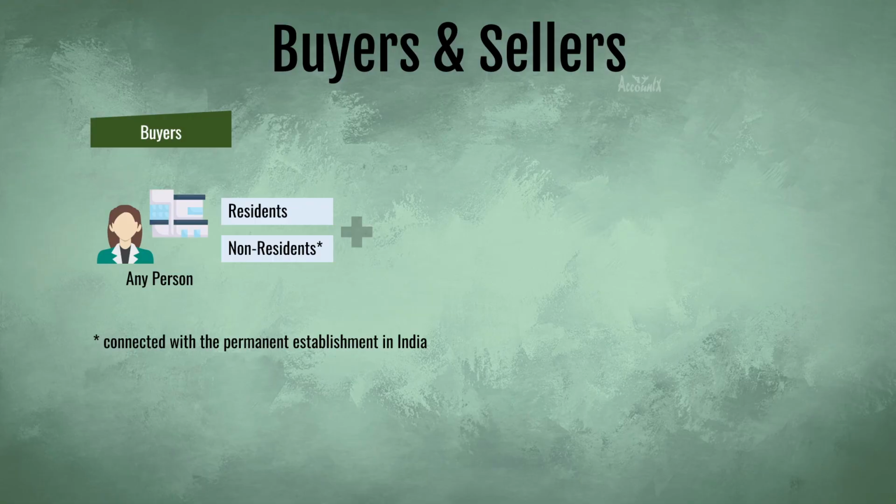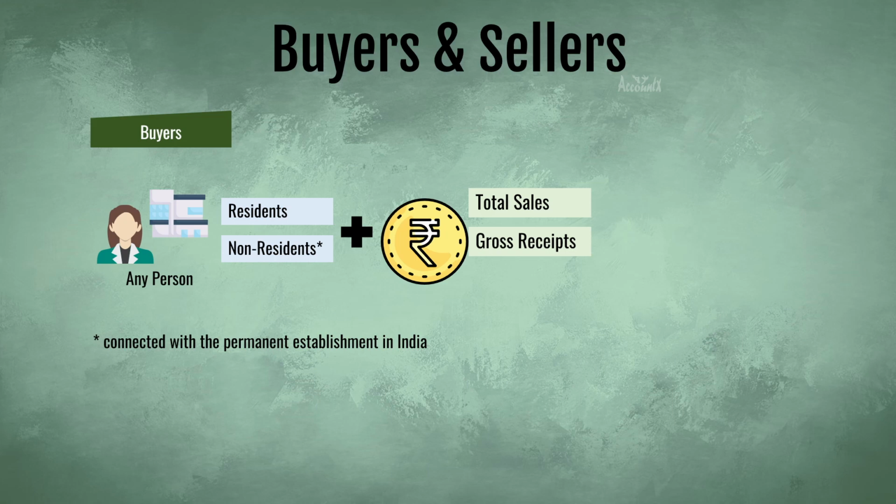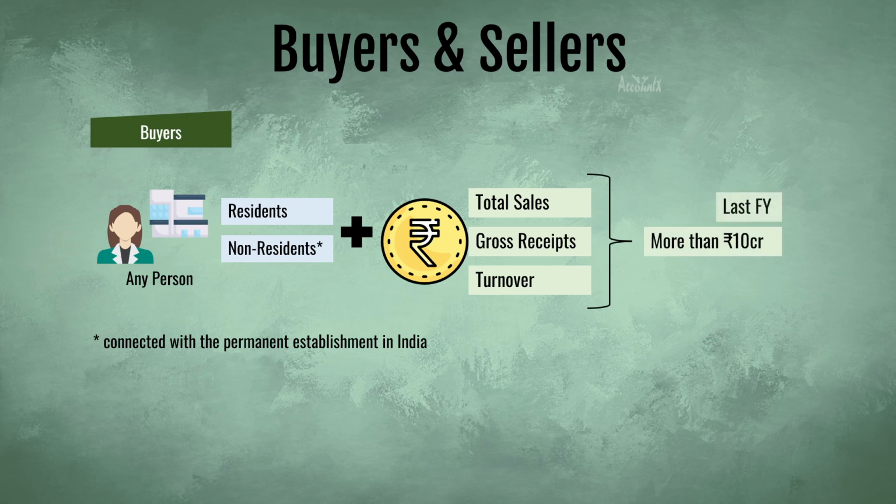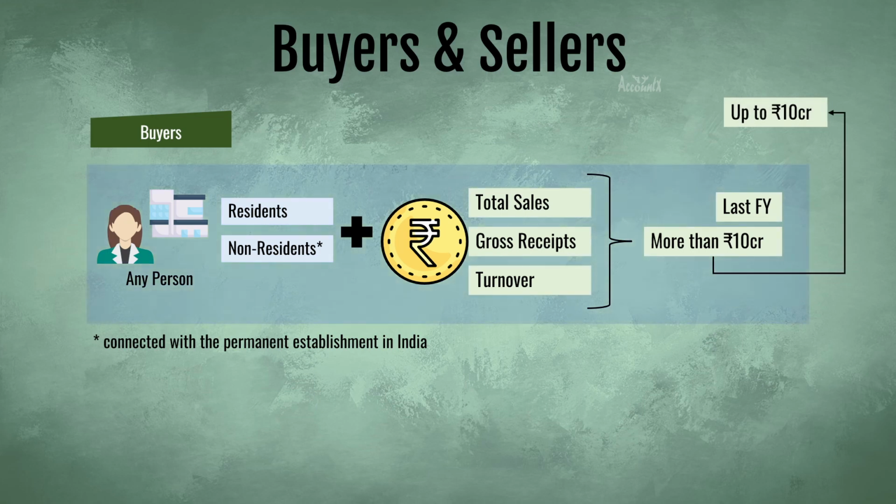To put it differently, for non-residents, if the transaction is not connected with their permanent establishment in India, then this provision is not applicable. Plus, total sales, gross receipts or turnover, any one among these, should be more than 10 crore during the last financial year. To put it differently, if the turnover is up to 10 crore, then this provision is not applicable.